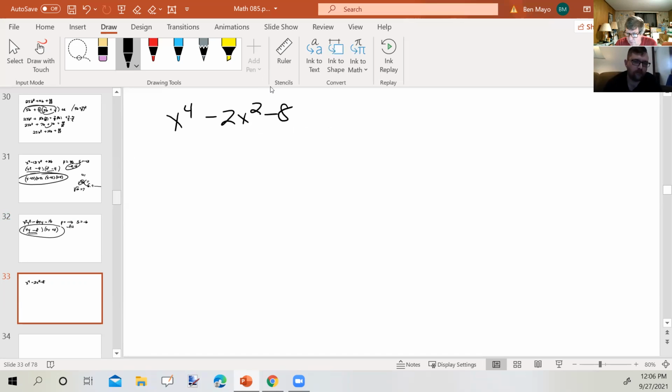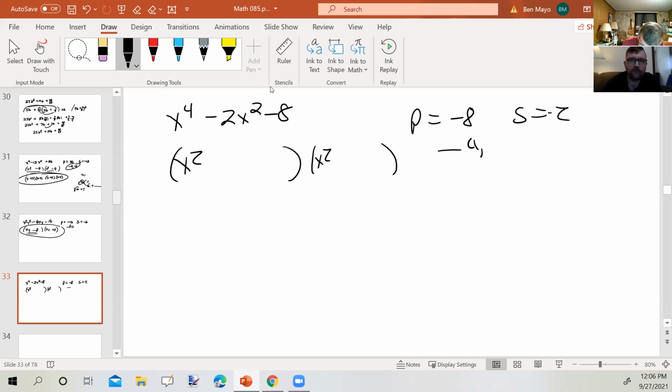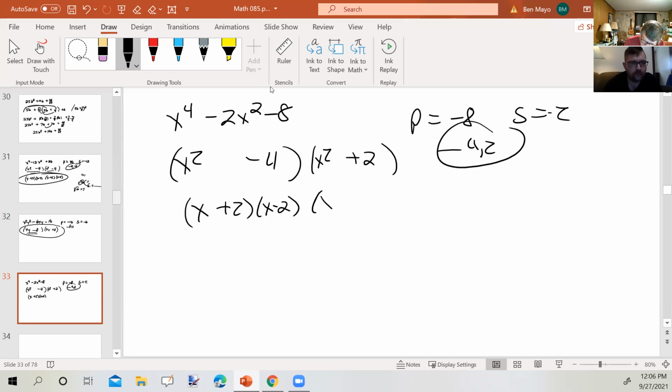It's not a perfect square, but it does have a leading coefficient of a 1. So x squared, product is negative 8, sum is negative 2: negative 4 and 2. Oh, x squared minus 4, that's a difference of two squares. X squared plus 2, that doesn't do anything for us. So there we go.